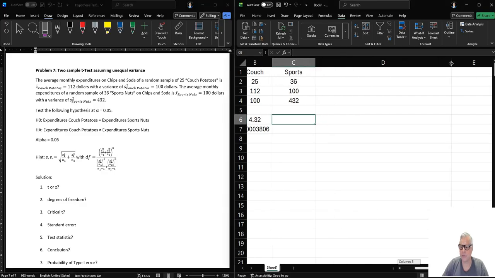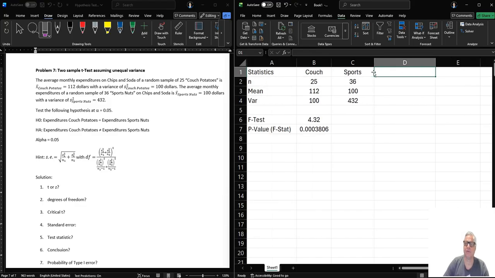But let's first calculate this difference. So if I do the couch potatoes average minus the sports nuts, then the mean difference is 12. So that is the mean that we test for.